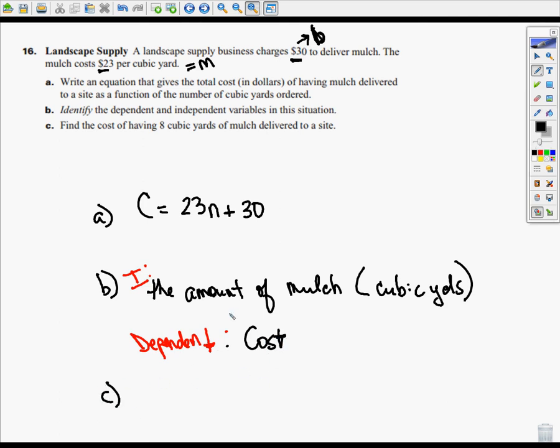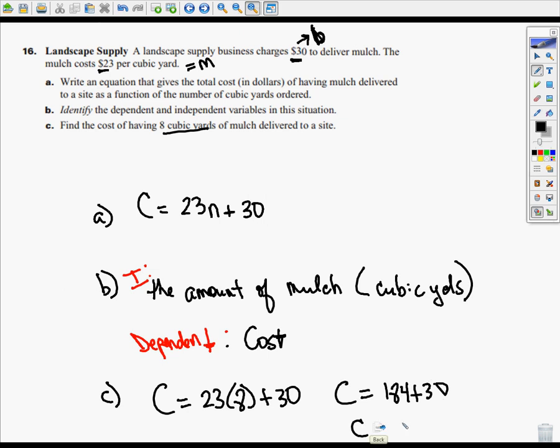And finally, part C, find the cost of having 8 cubic yards. So that's the number of yards. So we're going to go cost equals 23 times 8 plus 30. So my cost equals 23 times 8 is, let's see, 160, 184, plus 30.